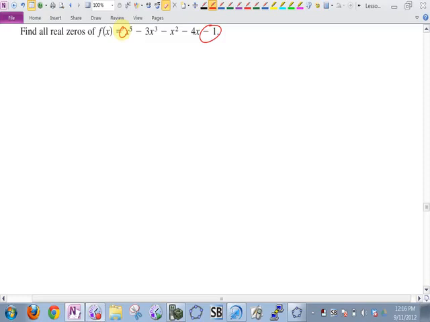But if this polynomial has rational zeros, they are either 1 or negative 1. So you can guess and check those. Just plug it in, see if it works. So that's one way you could do it, but best case scenario, 1 is repeated 5 times.